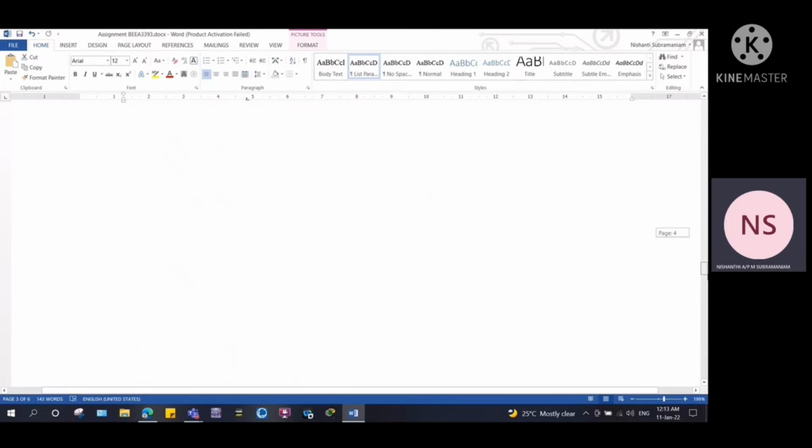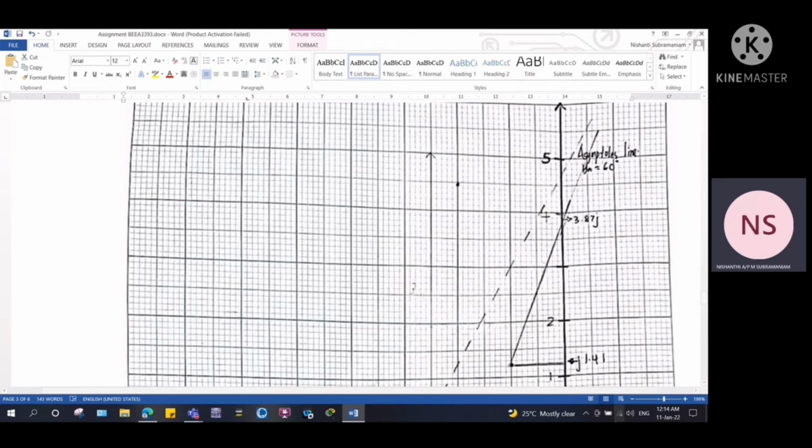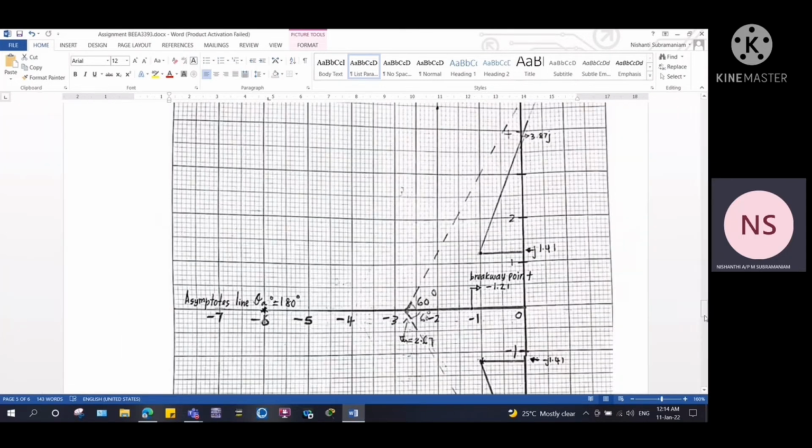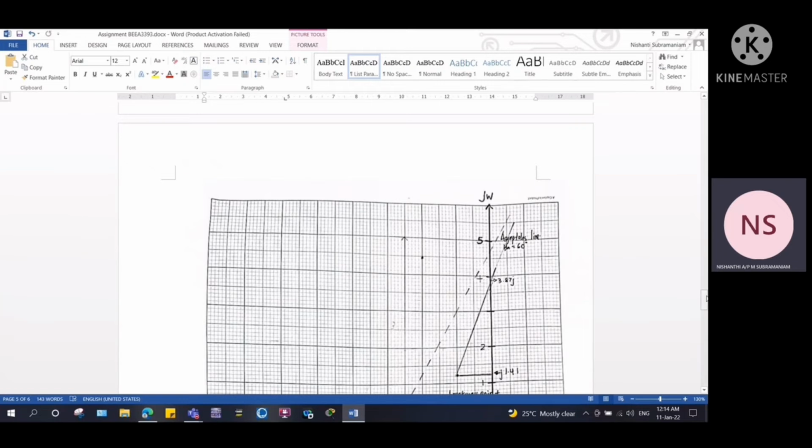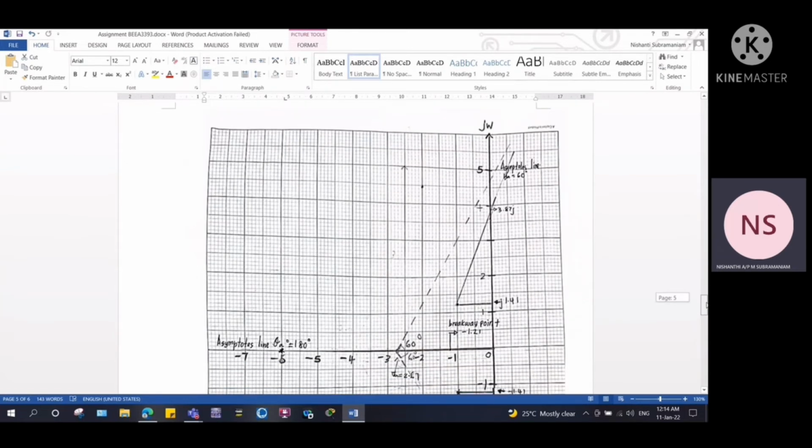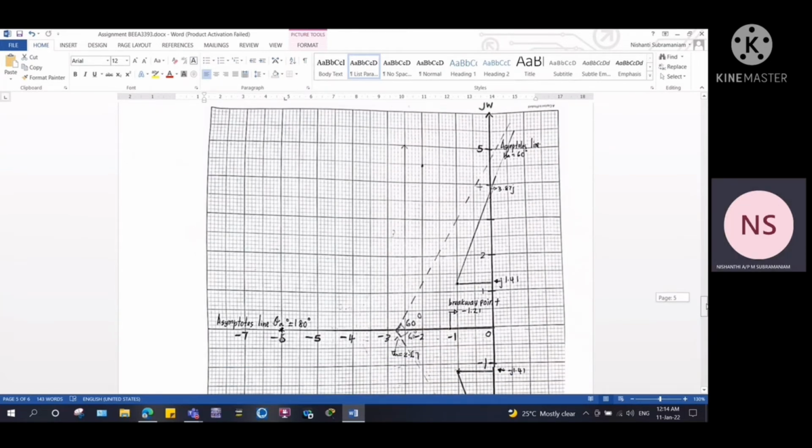So now is our graph. This is my graph. The answer I get is not very different. This is my asymptote, and this is my breakaway point, and this is my number of poles I get, negative 6 pole.